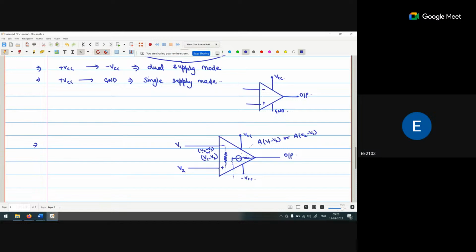This particular resistance is called R out, and this is called R in. So internally, the operational amplifier has three components. First is R in, called the internal input resistance.